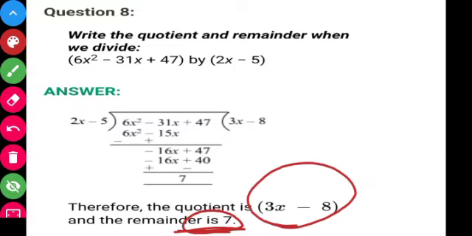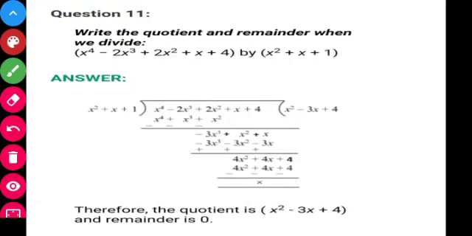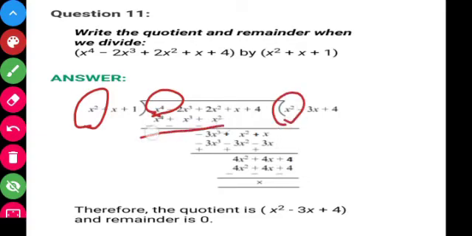Now come to the next question. Similarly, you can do this also. So here this is x square, here x to the power 4. So in how many times? x square times. So x square times, you will get x to the power 4 plus x cube plus x square.